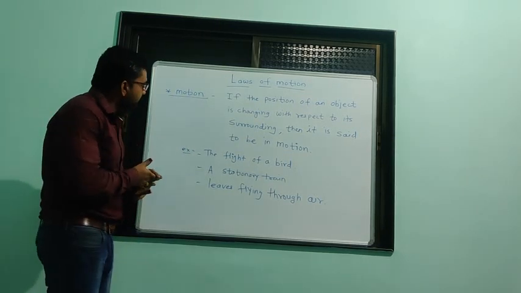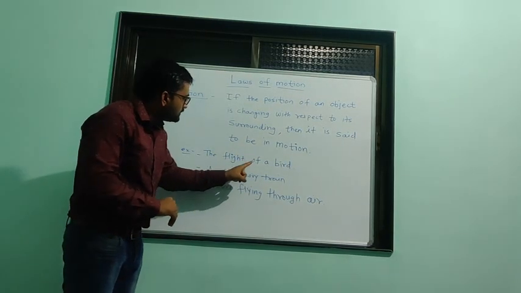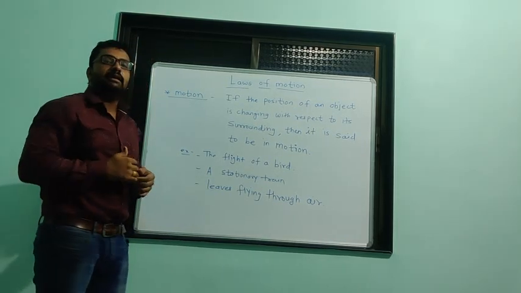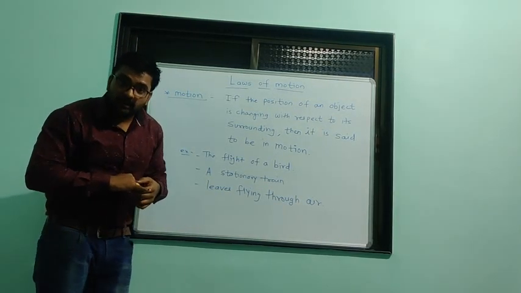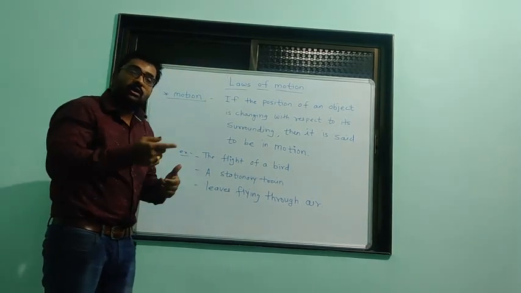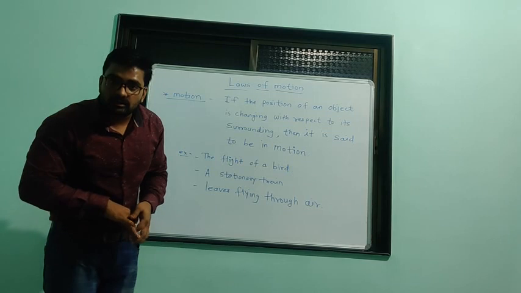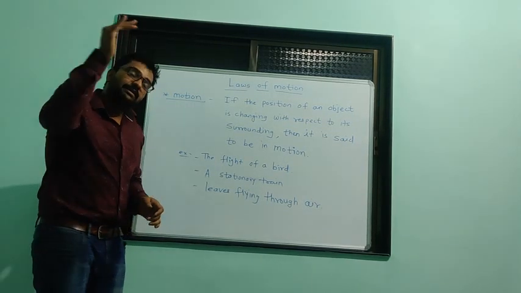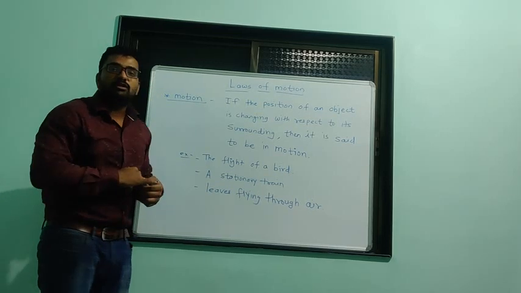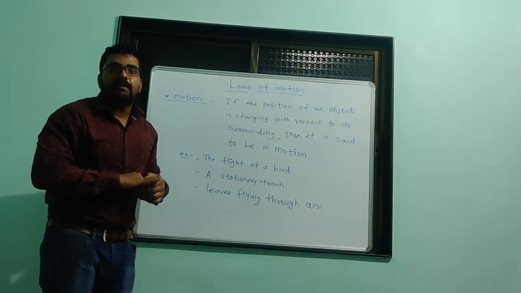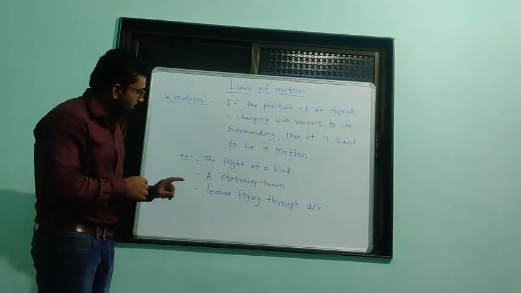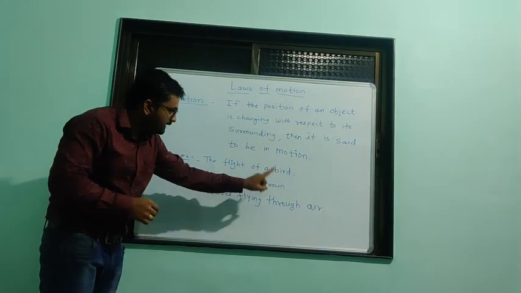In that, the first example is the flight of a bird. When a bird is flying in the sky, at that time its position changes with respect to us continuously, or not? Yes, when a bird flies, its position continuously changes, so it is in motion. Now the second is a stationary train.